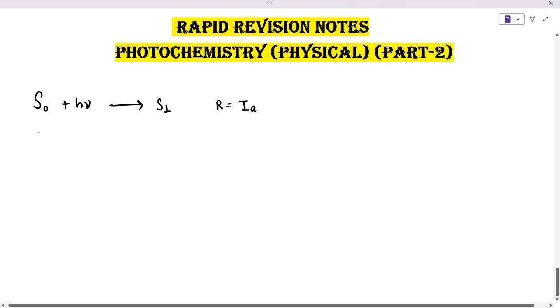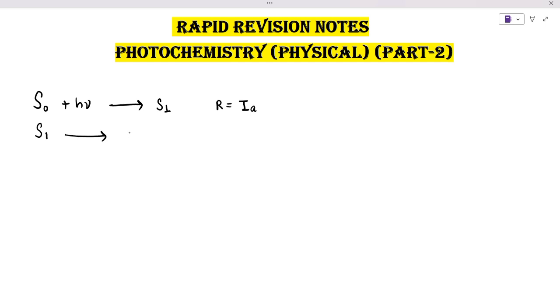Then, after the electron goes to the S1 state, there is a possibility it can come back to the ground state and produce heat, or there is also a chance it can produce light, represented as h nu.